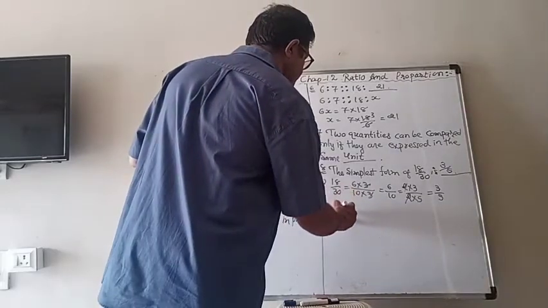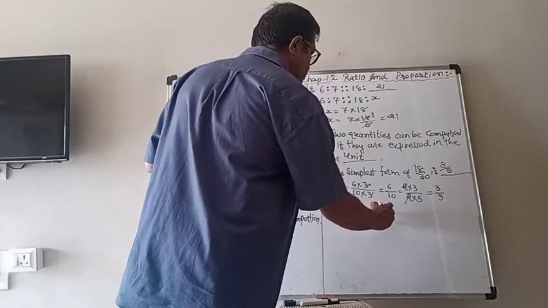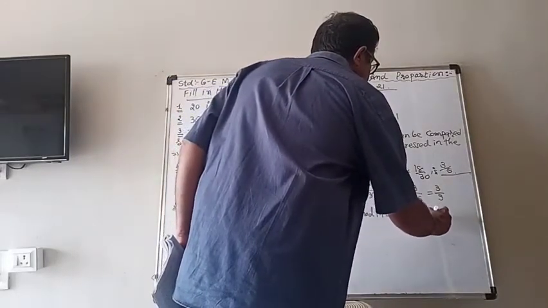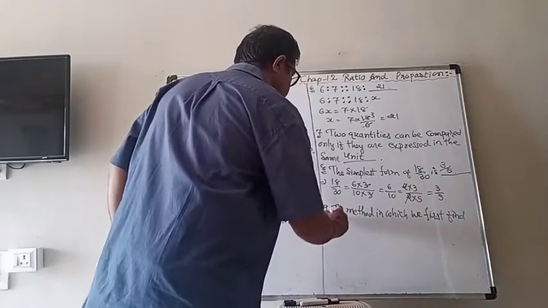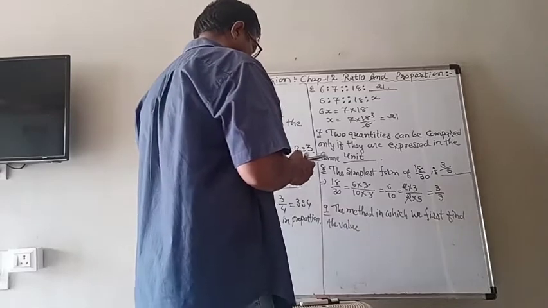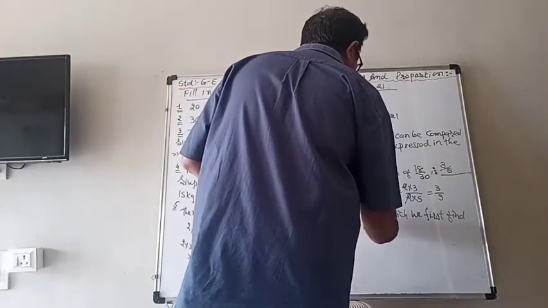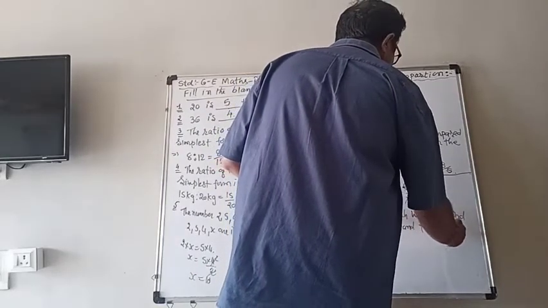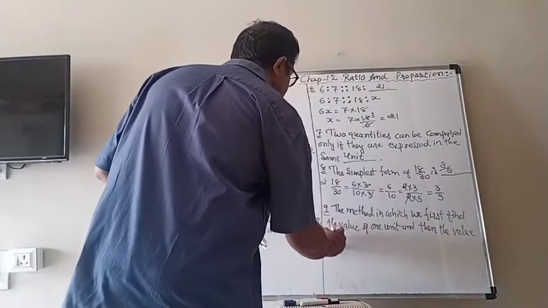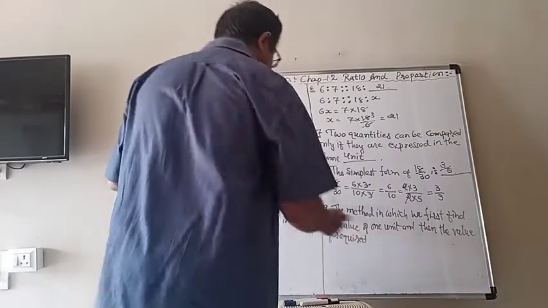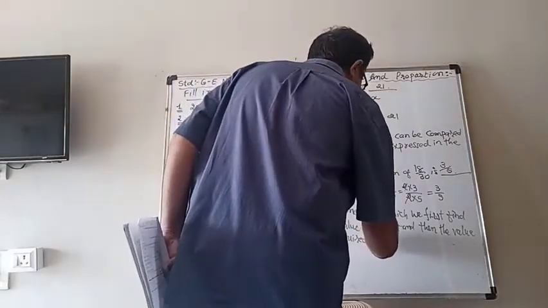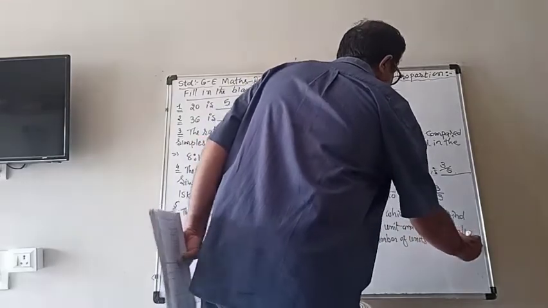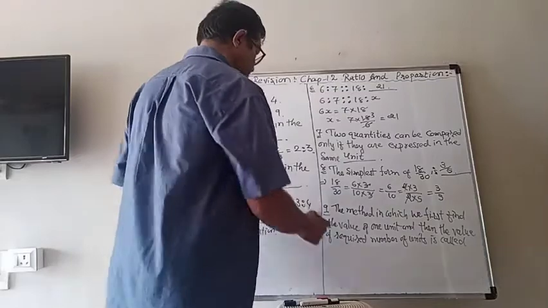The method in which we first find the value of 1 unit and then the value of the required number of units is called the unitary method.